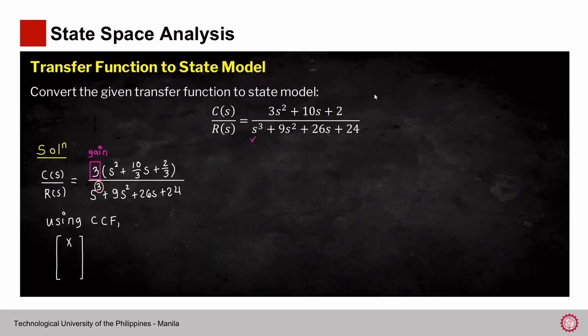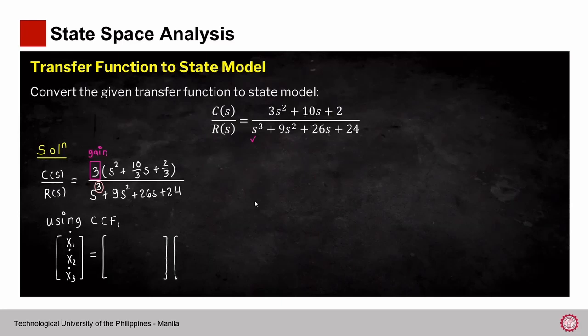So we have the x1 dot, x2 dot, and x3 dot. Okay, guys? Equal po ito sa, okay. Yan. So we have the state matrix actually.